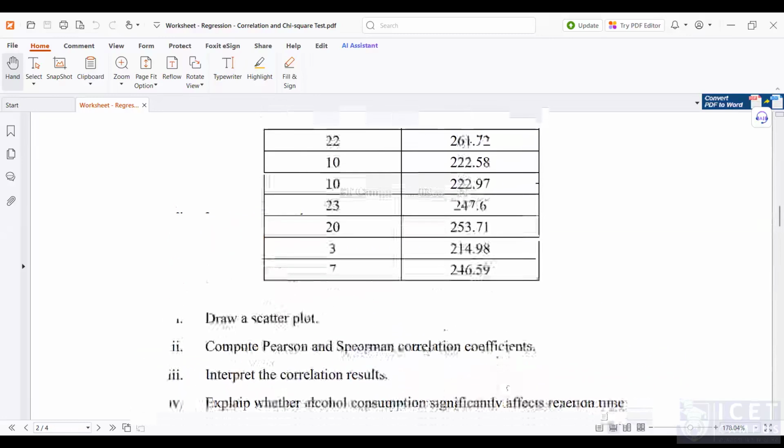So here we have to use correlation, because we have to find whether there is any relationship between alcohol consumption and the reaction time, right? Okay, so we can draw a scatter plot.